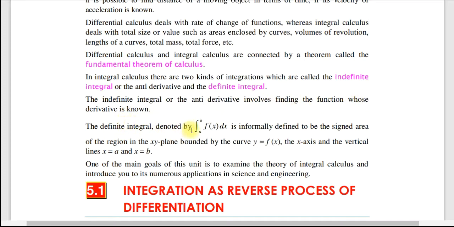The definite integral denoted by the integral of f of x starting from a up to b ማለት ነው። Okay, the integral of f of x dx starting from a up to b is informally defined to be the signed area. እንግዲህ already defined ተደርጓል ማለት ሬንጁ ታውቋል ከኤ እስከ ቢ ድረስ ነው ኢንተግሬት የሚደረገው ማለት ነው። ስለዚህ which is informally defined to be the signed area of the region in the xy plane bounded by the curve y is equal to f of x, the x-axis and the vertical lines x is equal to a and x is equal to b.